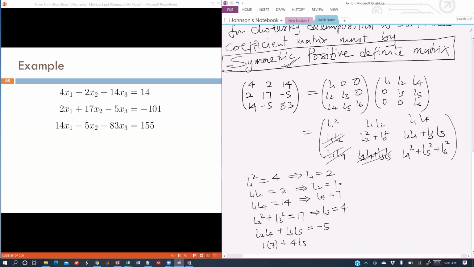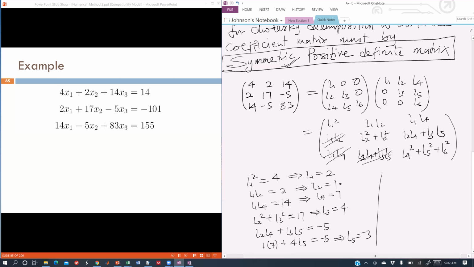We don't know L5. And that gives us minus 5. This is positive 7. Take it there to give us negative 12 divided by 4, and it implies our L5 is negative 3.